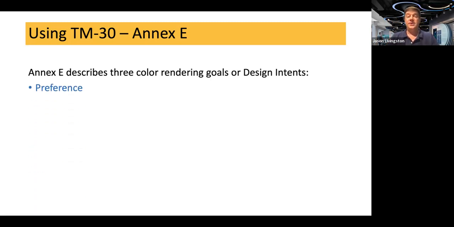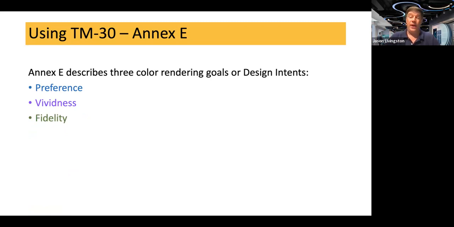And those design intents are as follows. First of all, preference. Does a light source render colors in a way that does not match high fidelity, but that most people actually prefer? Vividness. Does a light source, broadly speaking, enhance the saturation of colors? And of course, fidelity.